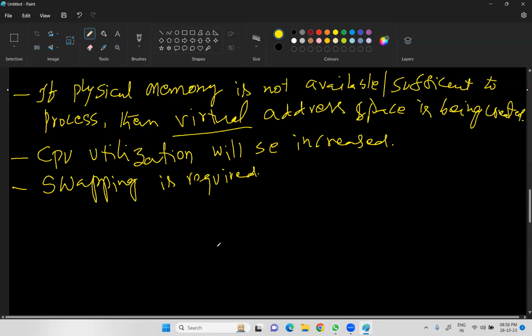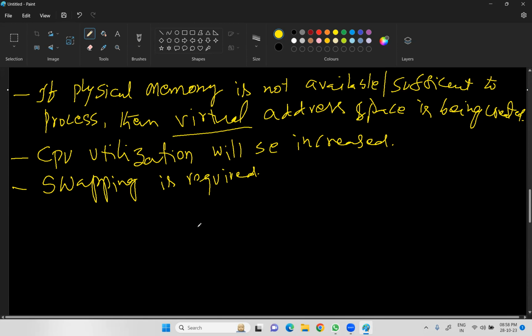Okay. So these are the three scenarios, three reasons why the virtual memory concept was introduced. Then, virtual memory is a logical memory which is being provided by the operating system.